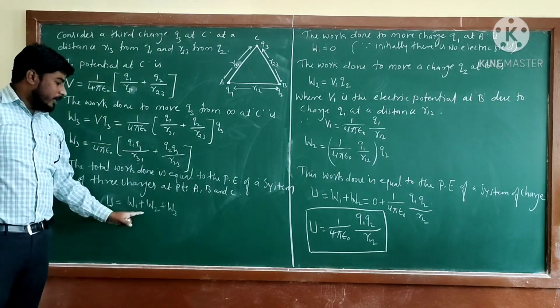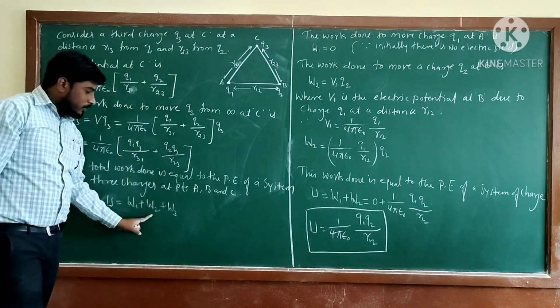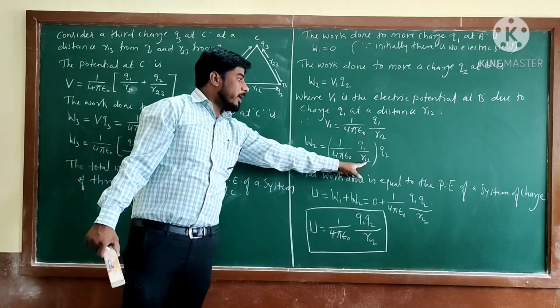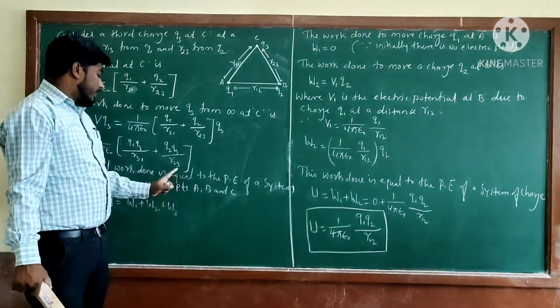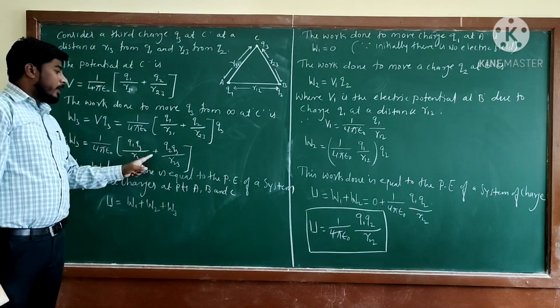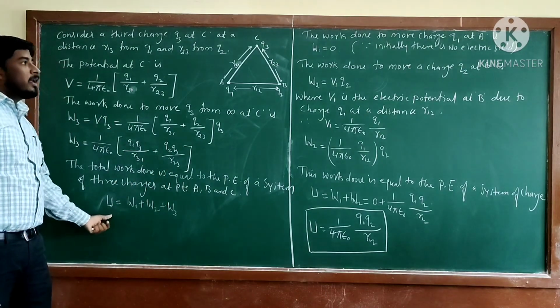Substituting the values of W1, W2 and W3. What is W1? It is 0. What is W2? It is 1 by 4 pi epsilon naught Q1 Q2 by R12. What is W3? It is 1 by 4 pi epsilon naught, Q1 Q3 by R31 plus Q2 Q3 by R23. This is the total energy.